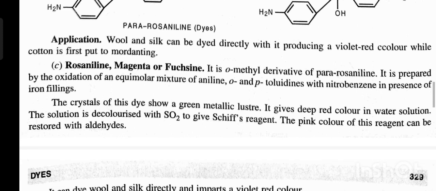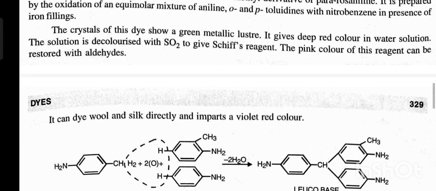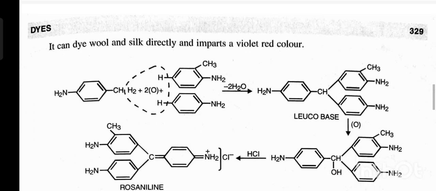It gives a deep red color in water solution. The solution is decolorized with SO2 to give Schiff's reagent. The pink color of this reagent can be restored with aldehyde. It can dye wool and silk directly and impart a violet red color.